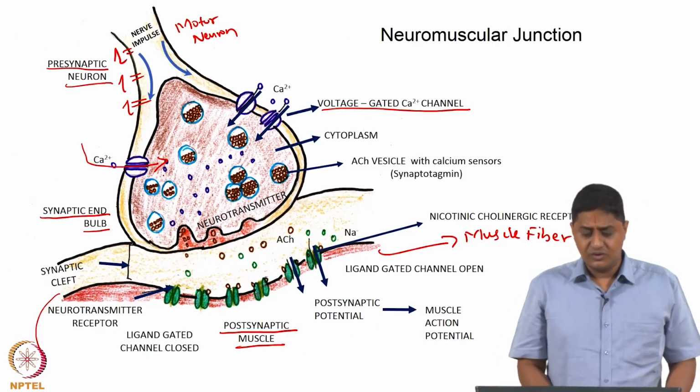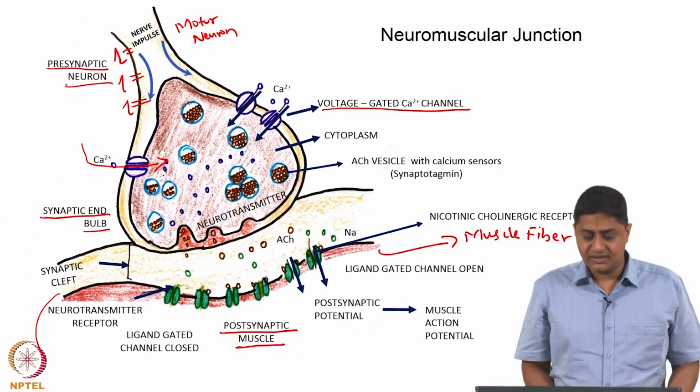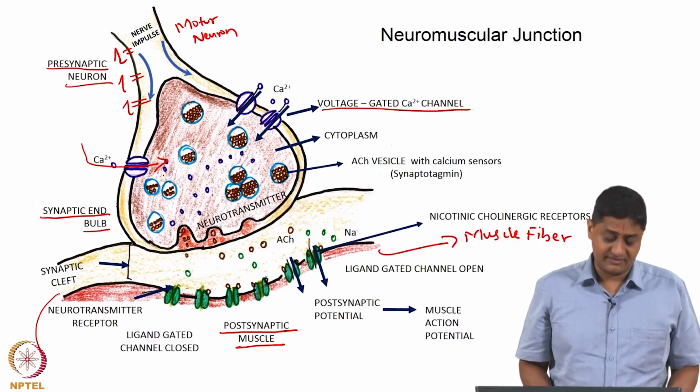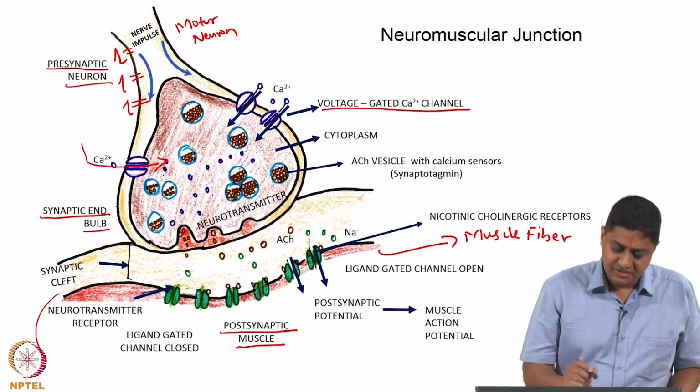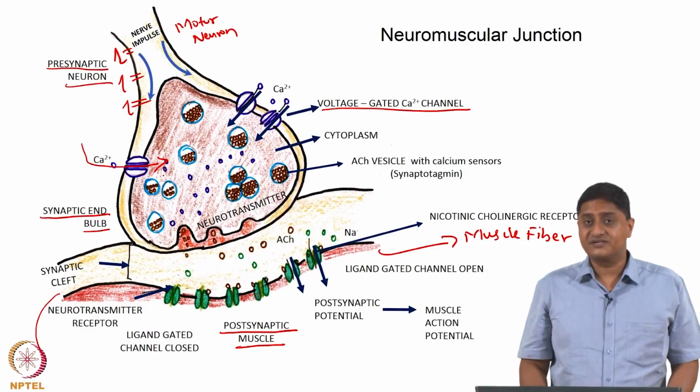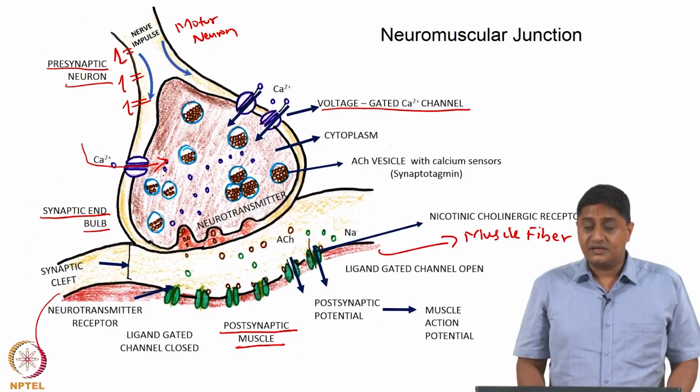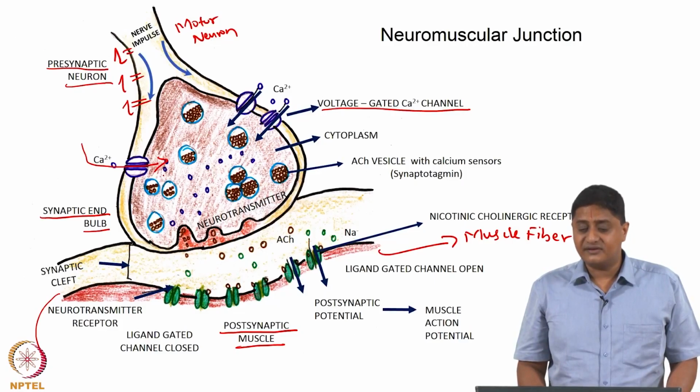What does this do to the presynaptic neuron? That is the question. So, it turns out we discussed in one of the previous classes that acetylcholine is synthesized by a protein, choline acetyltransferase, right.